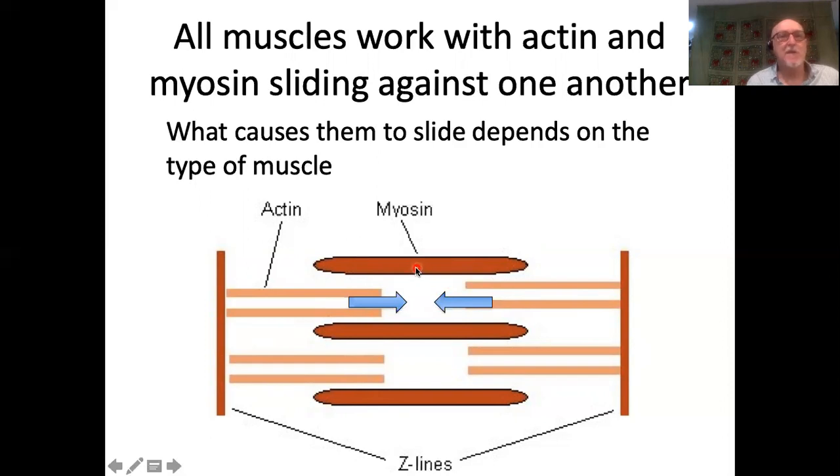And under certain circumstances, when it's given the signal, when an action potential is passed through the cell, myosin will reach out, grab an actin fiber, and then pull it. So it will pull the fibers together. It will slide these together when a muscle action potential is generated. When that action potential is finished, the myosin just lets go.